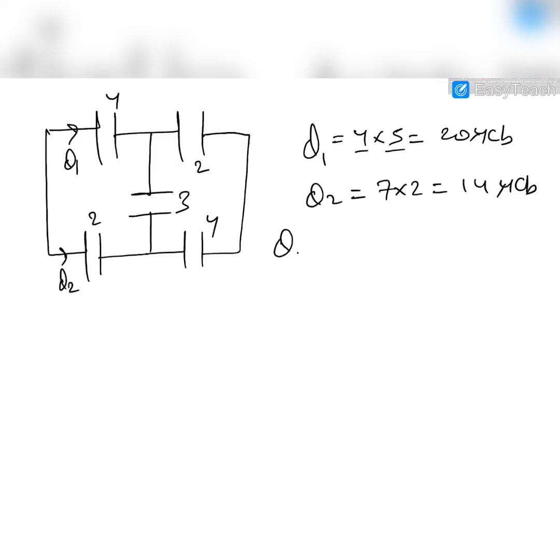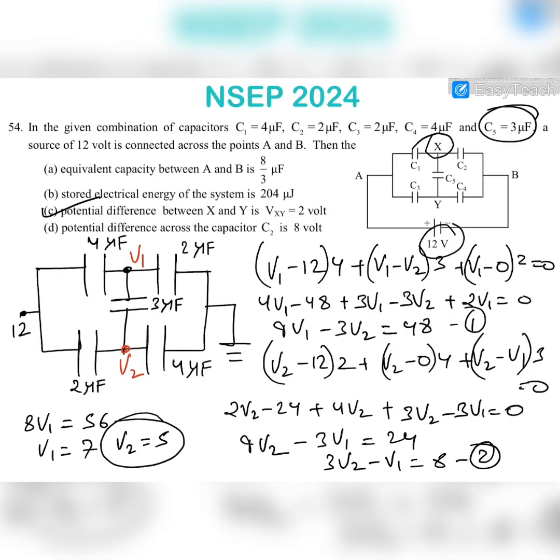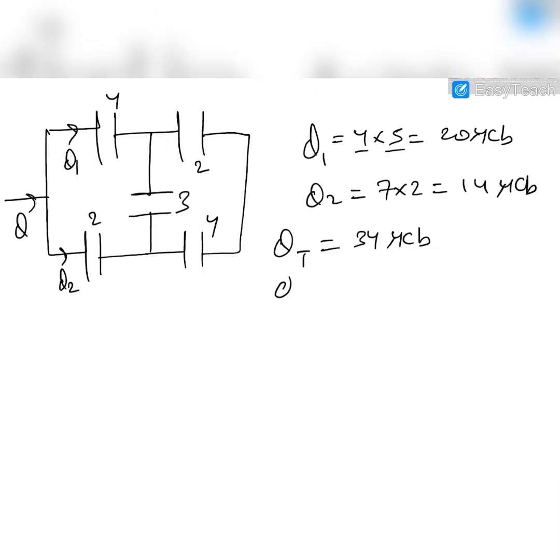So the total charge that is flowing is 34 microcoulomb. And we know that the battery which we have applied is 12 volts. So Q total will be equal to C equivalent into V. Q total is 34, C equivalent is unknown, and V is 12.